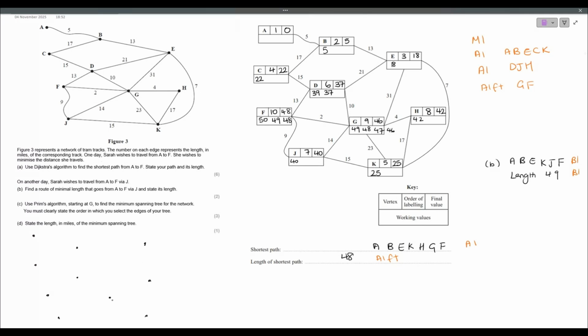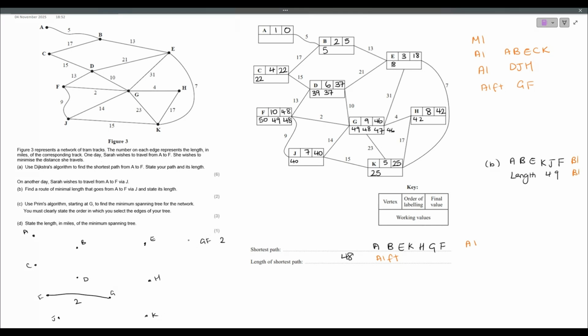And I'm going to start from G. What is the shortest edge that connects G to another vertex? That's going to be GF. And I should label my vertices as well. So I'll do that just now. So GF2. And after I've done that, I'm going to list GF.